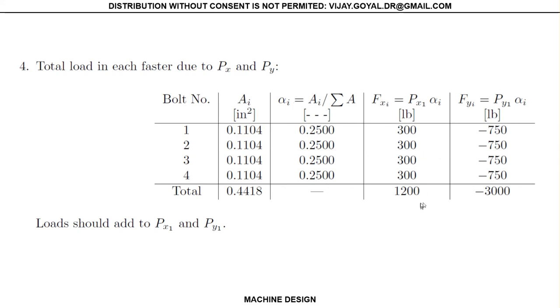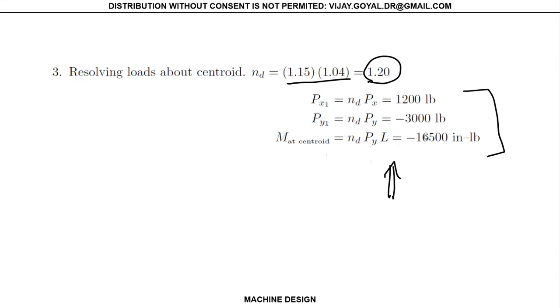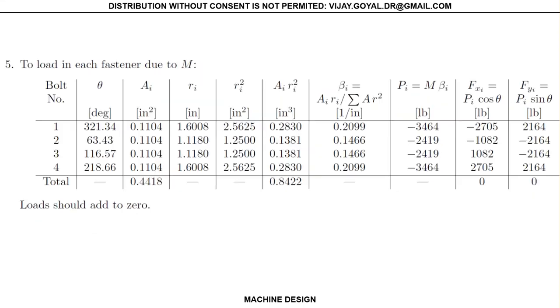One thing that is important is that if I add these numbers, they should give me exactly what I have here, the same value. That's a check. Now, what's the load Fx and Fy acting because of my moment? We already found this, so you square this, multiply a times a squared.